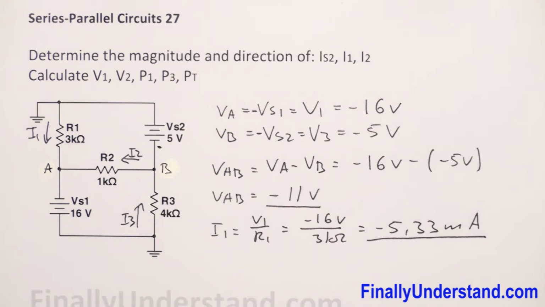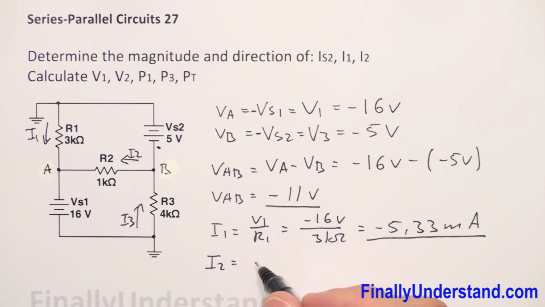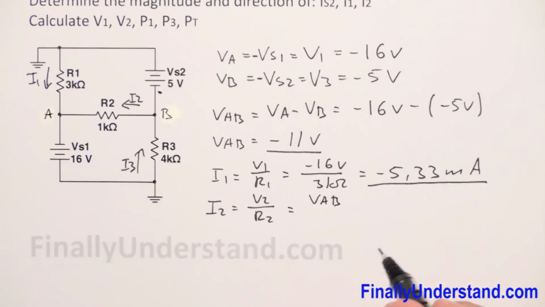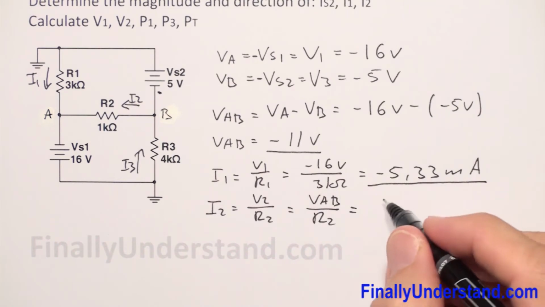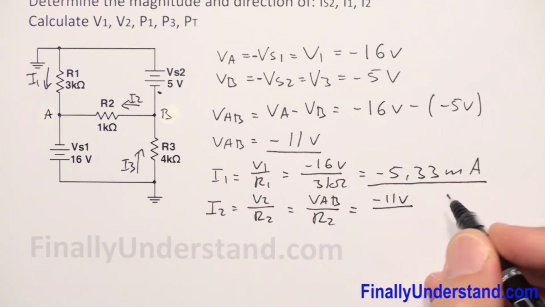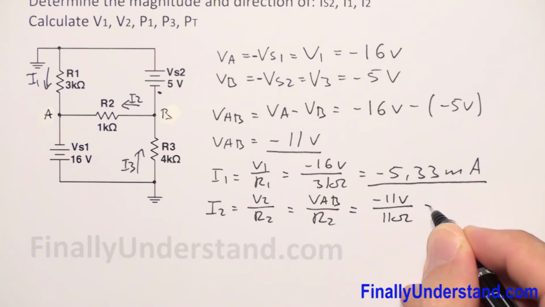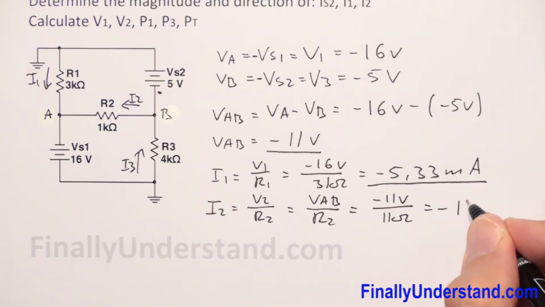Next, we need to find I2. I2 is equal to V2 over R2, and in this case, this is going to be my VAB. VAB we found is negative 11 volts over R2, 1 kilo ohm. This is equal to negative 11 milliamps.